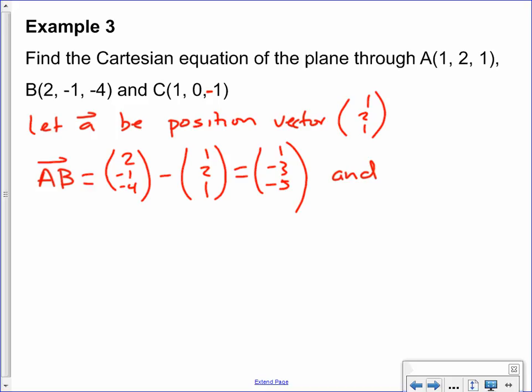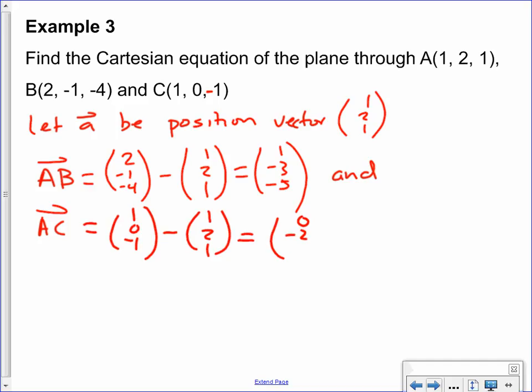And then you need another vector. You have your position vector, and then you need your 2 vectors. So that's one vector. The other vector could be AC. You could also do BA and BC if you wanted to. AC would go 1, 0, negative 1, minus 1, 2, 1, which gets you 0, negative 2, negative 2.